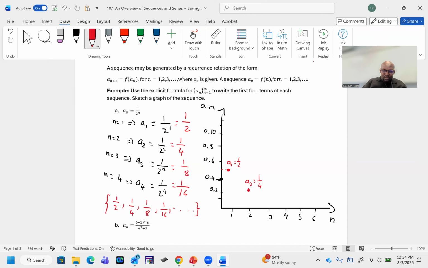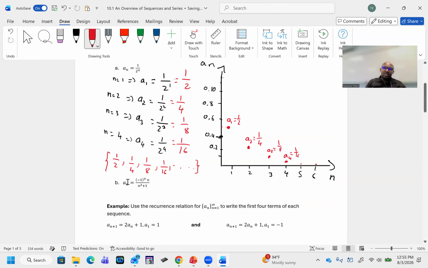A3 is 1 divided by 8, which is 0.125. A4 is 1 divided by 16, which is 0.0625. We will have A5, A6, and so on. It will be getting close to 0.